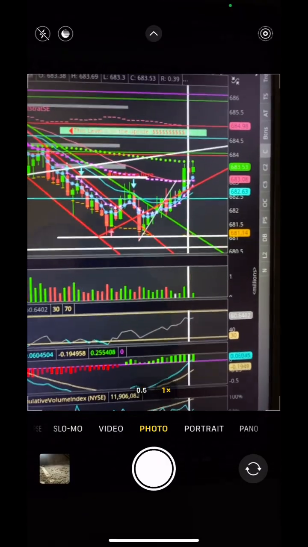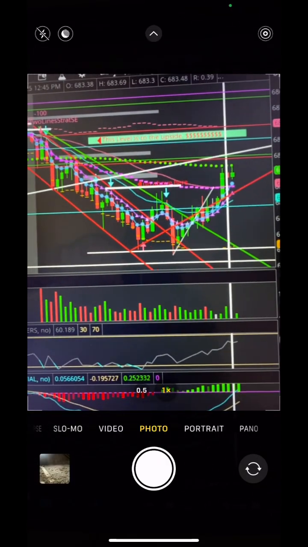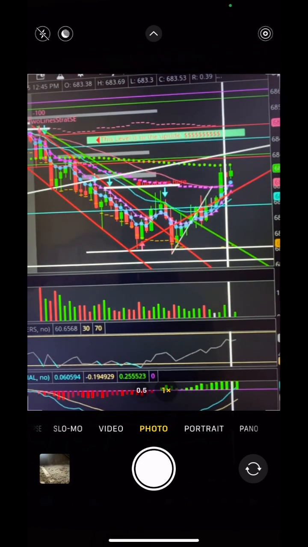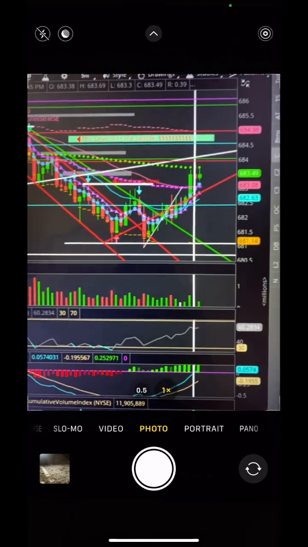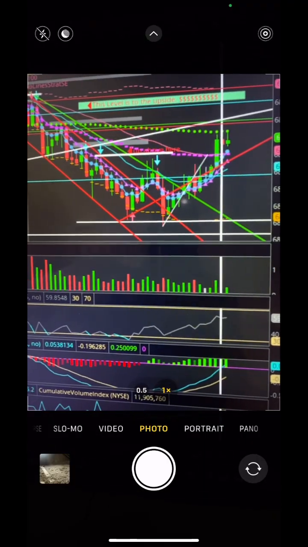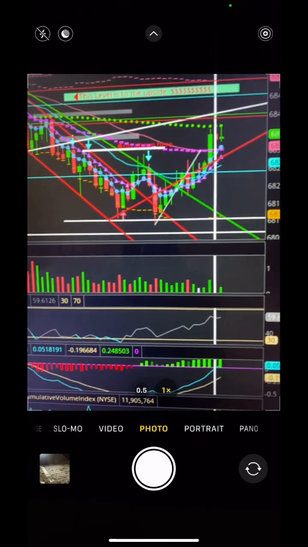And it might just end up consolidating for the rest of the day. So I don't want to hold at 350 and see if it's going to go up, and then later in the day it just continues to range around 350.